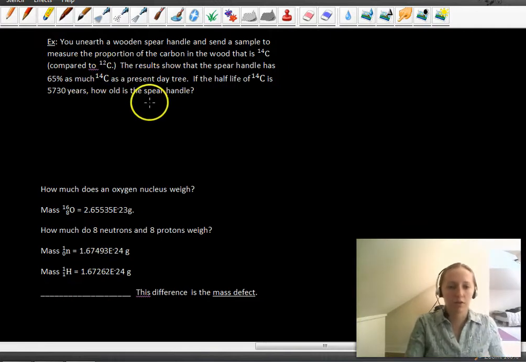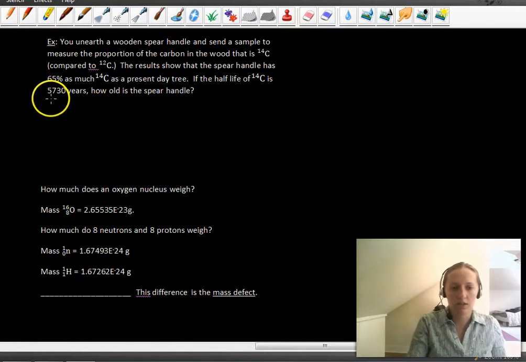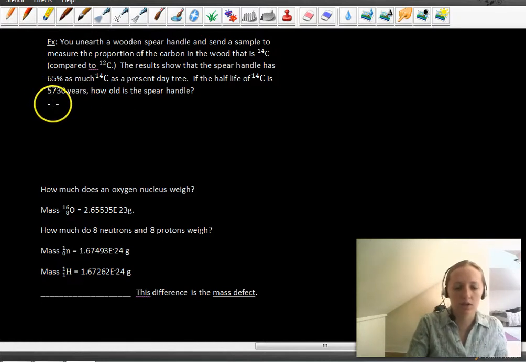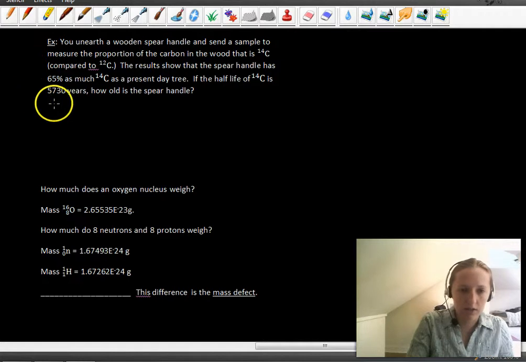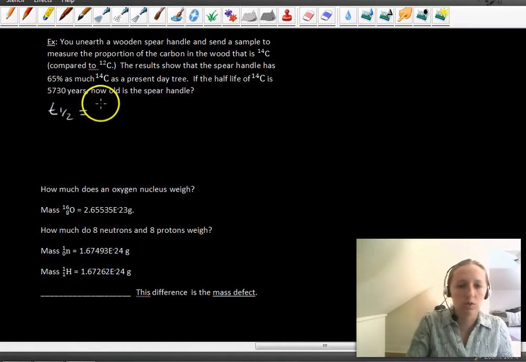So for this, we've got two formulas that we can use. The first is t1/2, the half-life time, is equal to ln of 2 over k, which is your rate constant.